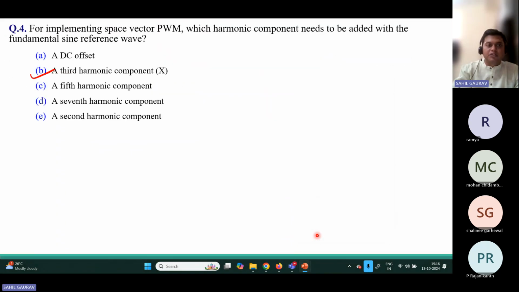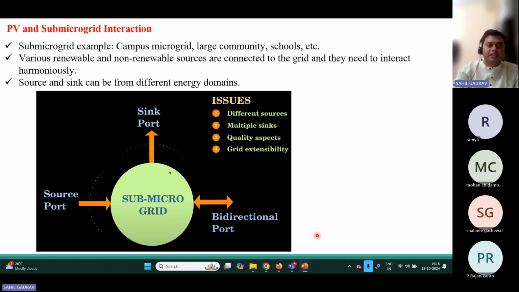Yes, B is the correct answer for the previous question. And if you have so many components in this sub microgrid system, then you need to check that they are interacting properly or not. So what can be the issues for this sub microgrid system? The issues can be that they have different types of sources, so you have to interface with various types of converters.